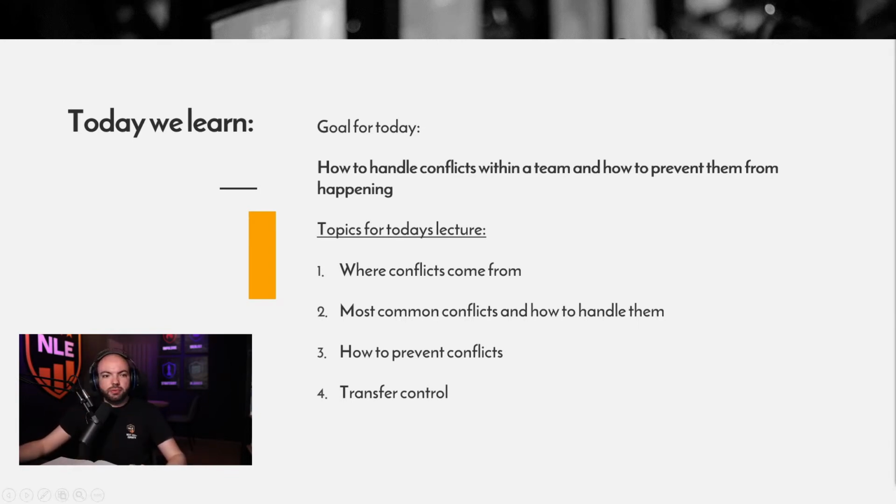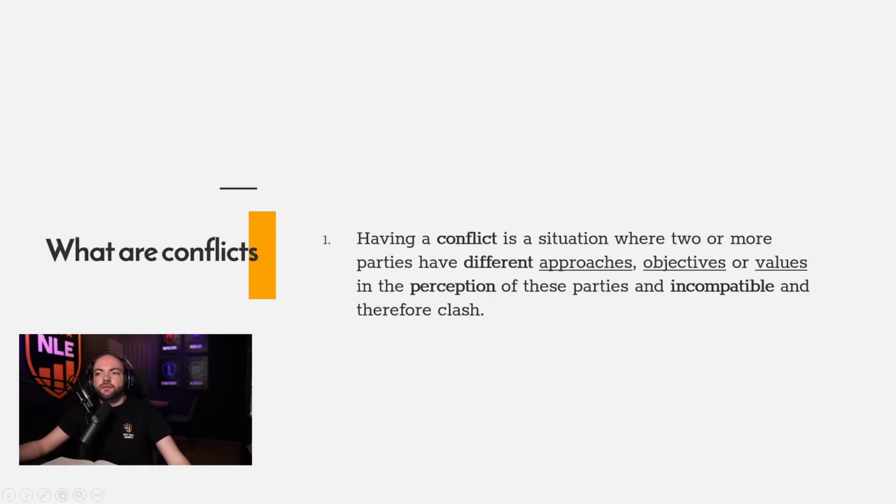So let's jump into the first thing first. What are conflicts? A conflict is a situation where two or more parties have different approaches, objectives, or values, which in the perception of these parties are incompatible and therefore clash. It's maybe a difficult sentence, but it's about the things that are underlined.